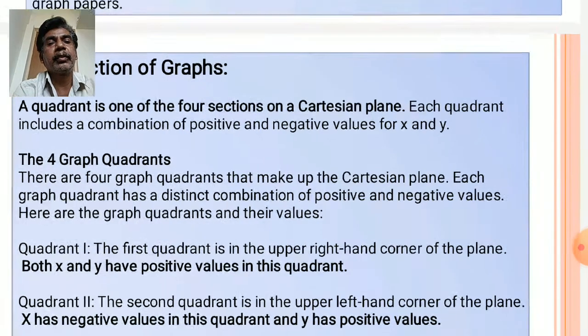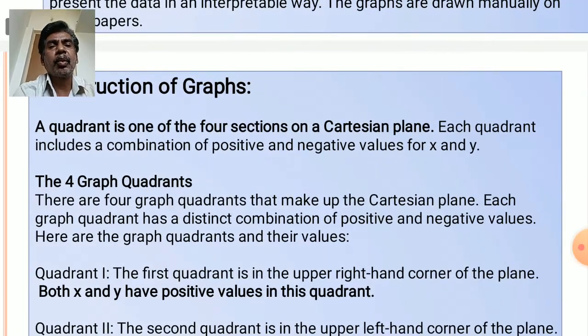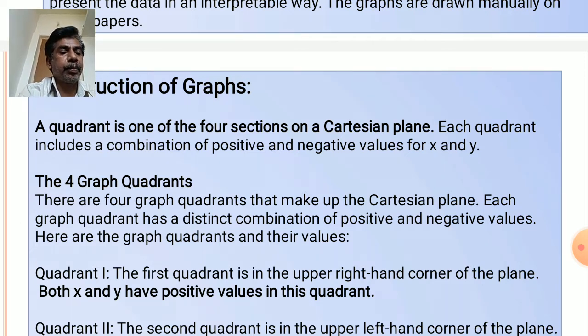Here a quadrant is one of the four sections on a Cartesian plane, and each quadrant includes a combination of positive and negative values for x and y.